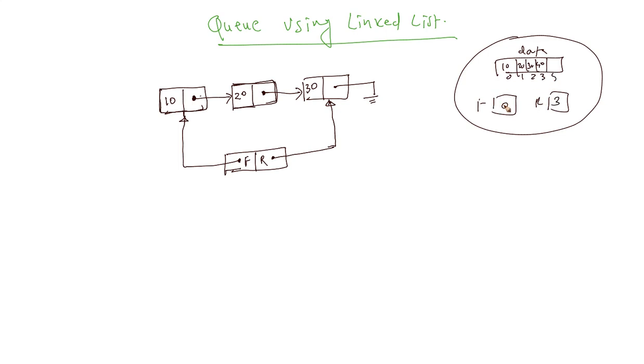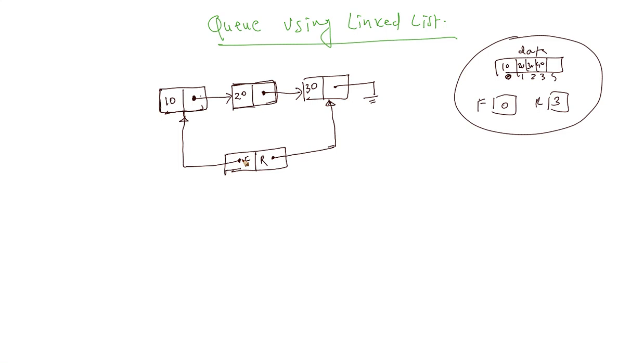So F was storing the array index of the element which came in first in the queue, and rear stores the index of the array where the element which came in most recently is stored. So R and F are storing these indices which are integers. So these are integer variables here.